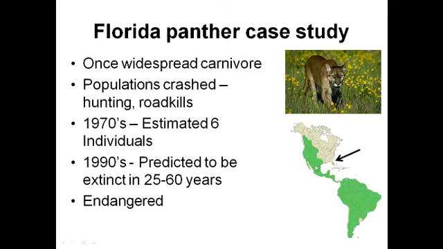Nowadays Florida panthers, or sometimes people call them mountain lions, cougars, or pumas, are the same species. They are widely distributed in western US, Central America, and South America. And several centuries ago, they were all over the United States and most of Canada.